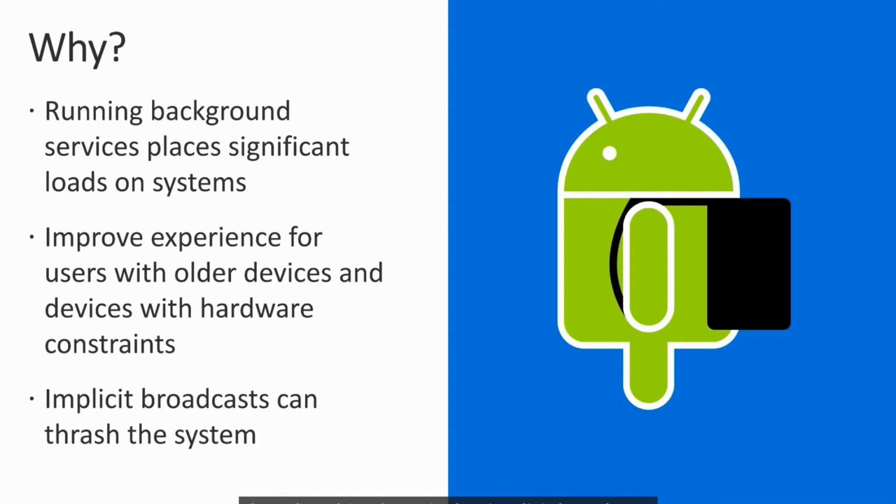The other thing here is that implicit broadcasts can thrash the system. I'll give you an example of what I mean, which sort of ties all of these things together. An implicit broadcast is a sort of to-whom-it-may-concern message of an event that has happened on the system. So let's take, for example, plugging the device in and charging it. There may be a whole bunch of apps sitting there listening for this implicit broadcast that the device is charging.